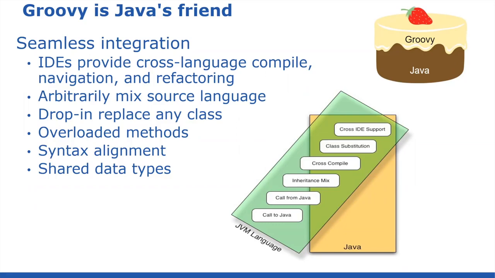Many of them, though, will realign various aspects of the language. They'll have different types for lists or strings or dates or whatever it might be, or they may do inheritance hierarchies in a different fashion. One of the things that Groovy's tried to do is align itself very, very closely with Java.